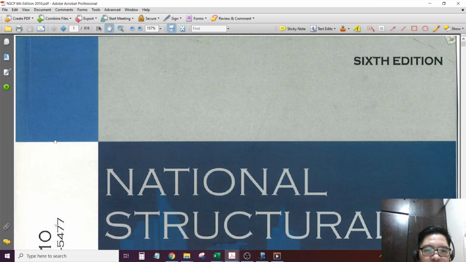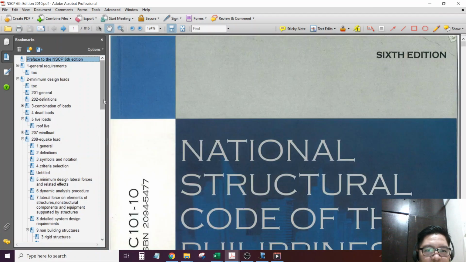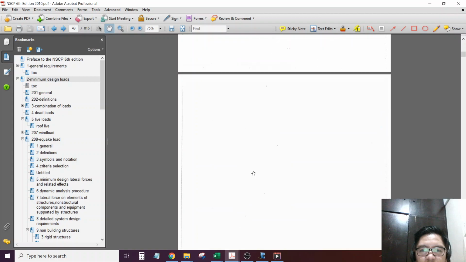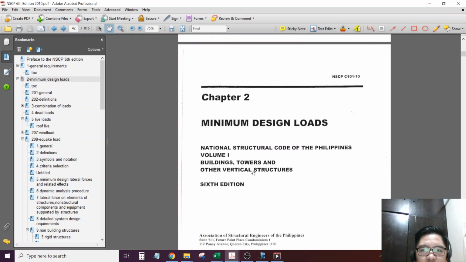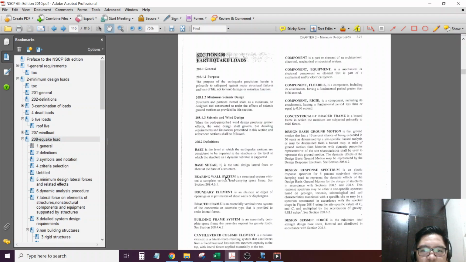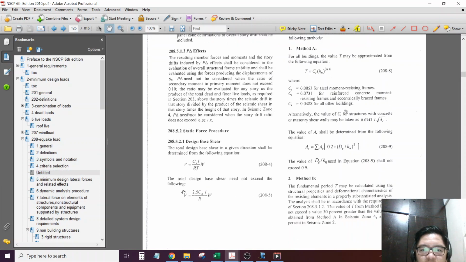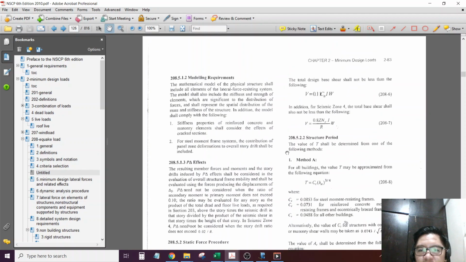So, it's okay na meron akong soft copy. That is chapter 2. Minimal design loads. Here you will see kung ano ang mga provision regarding sa earthquake. If you will look at earthquake loading, na-bookmark ko na to. So, ito basically yung 4 na formulas.